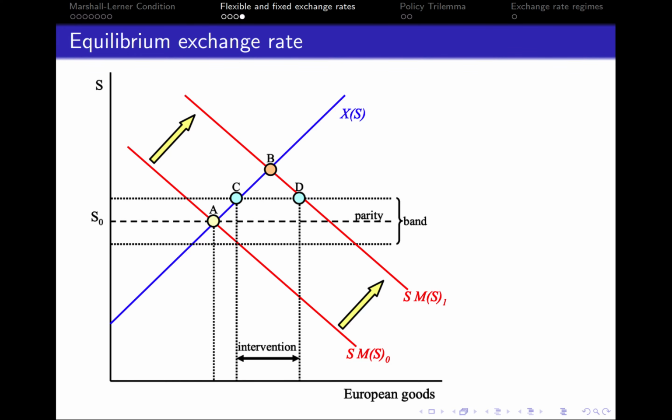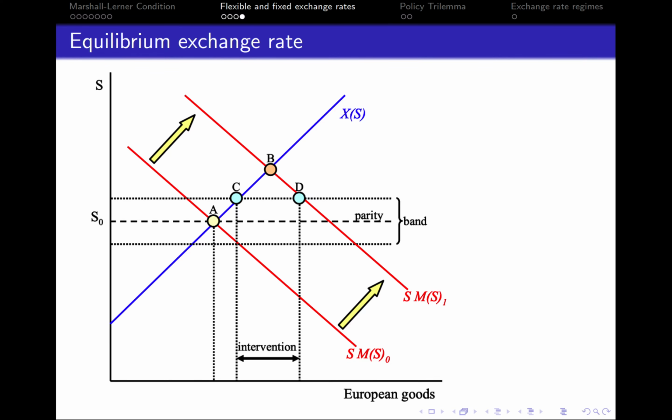Or if the central bank wants to do the opposite, it can sell euros for US dollars, keep US dollars in the safe, and as a result, euro would depreciate.